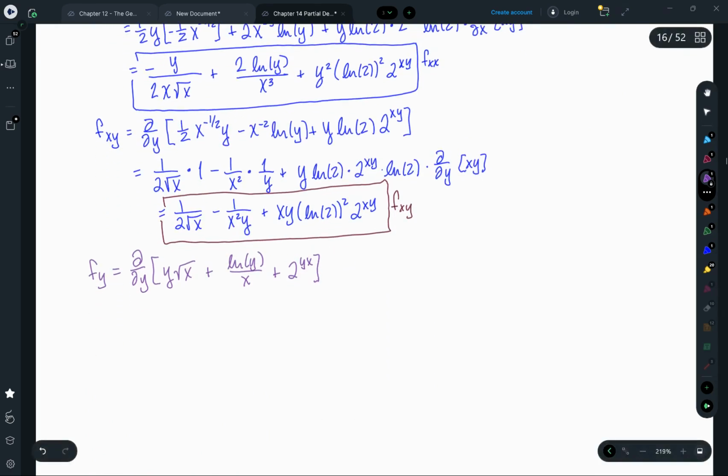All right, so I'm going to run a del y through, and again, I'm going to treat any of the x functions that are with a y as coefficients, and so they're not going to affect my derivative other than to be multipliers.